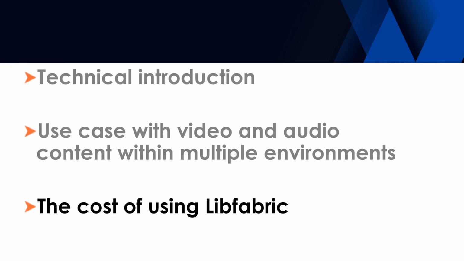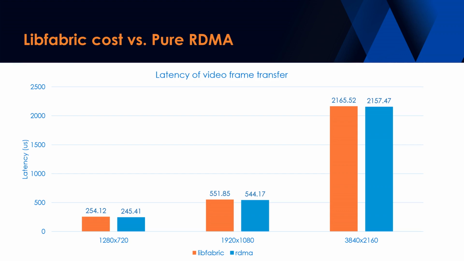So what's the cost? What do we lose in terms of latency and performance? We ran tests using pure RDMA and using the Libfabric framework. Here we can see that with different video formats, the cost is about 6 microseconds.